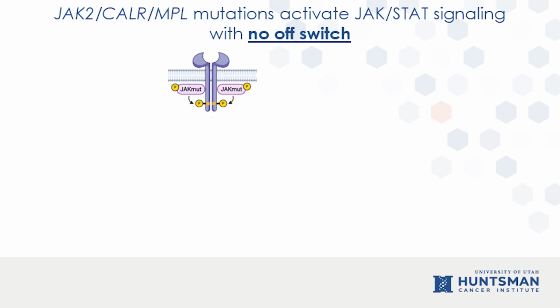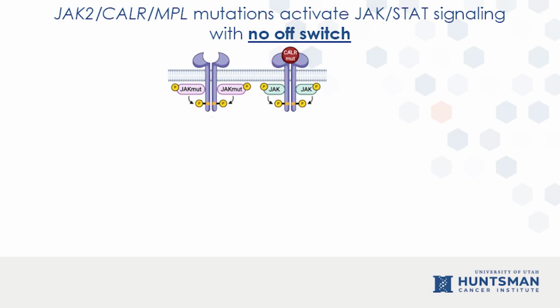So remember, in a normal cell, you need that cytokine to activate the receptor. When you have MPN mutations, you don't need the cytokine. They're active regardless. And so this happens differently for each mutation. So in the case of JAK2 mutations, they are just active all the time. So they're always activating that receptor and activating what comes downstream of that receptor.